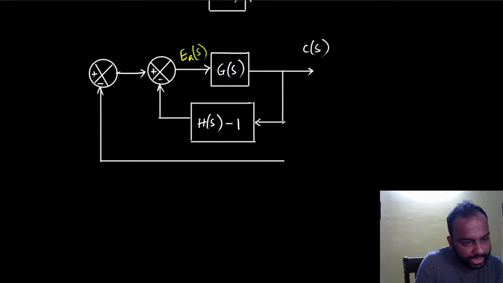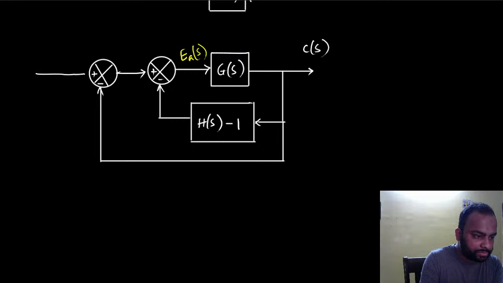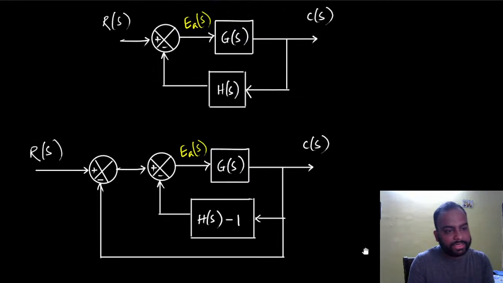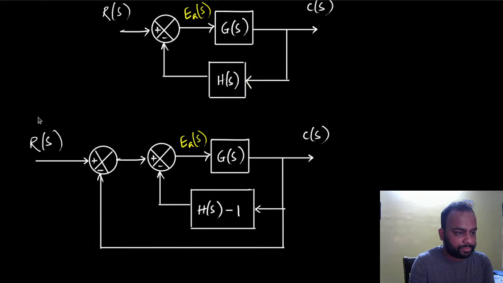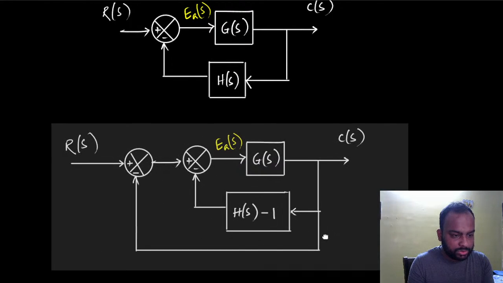Then I take away another feedback from here and send it back. And now I just call this RS instead. Now see, these two systems are equivalent.